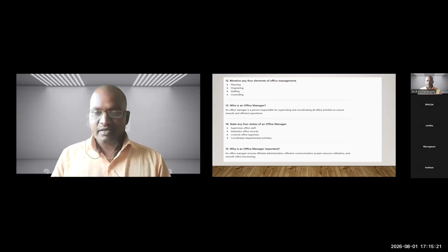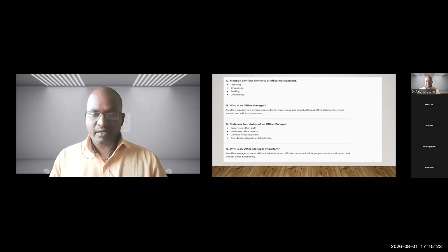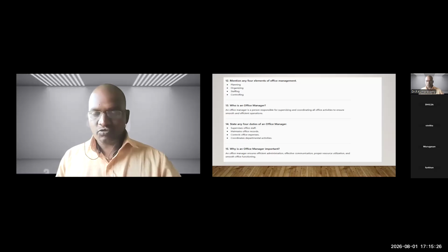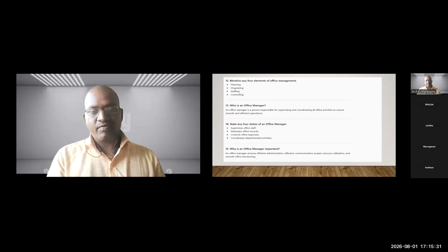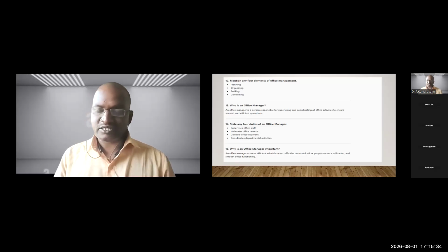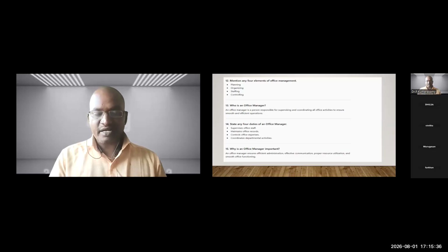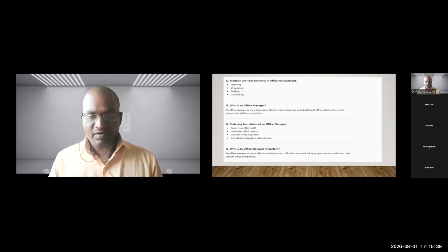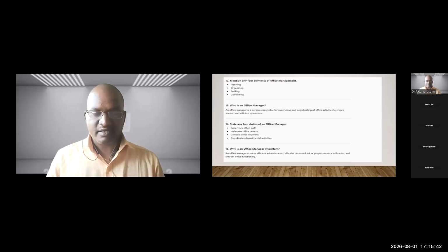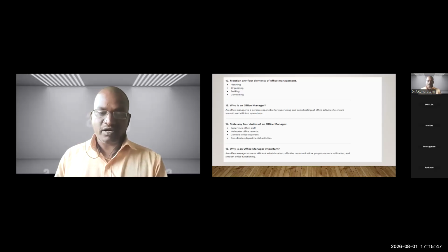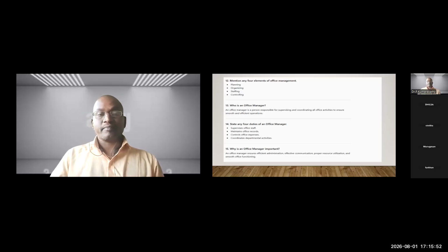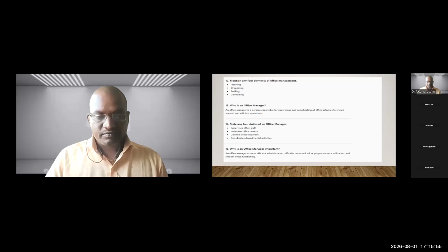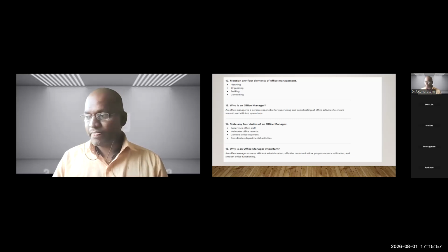The organization needs data regarding particular departments for every plan and for every time of taking decisions. The data is stored in the office. There is a leader, and that leader is called the office manager. The office manager will coordinate all the employees in the office.